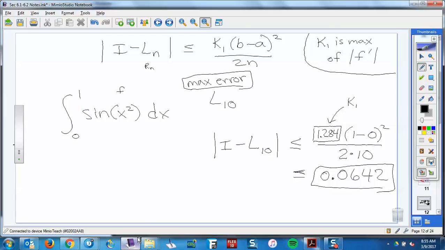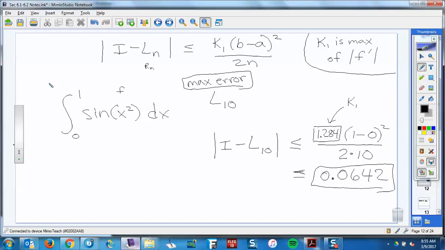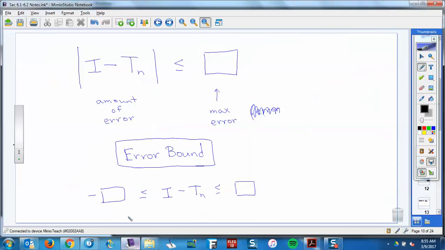Okay, moving on. We got another formula we want to do. After you find your exact, you would add on the error that you found, or you would subtract. So if you wanted to have an error bound, let's say you found L10, right? So one of these error bounds that we wrote like this.